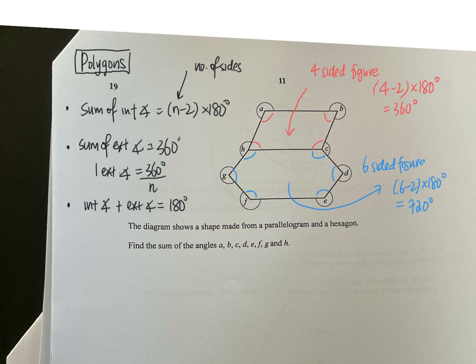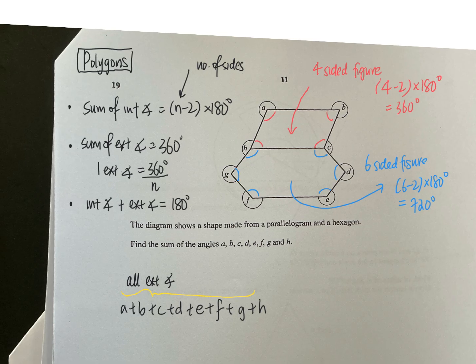So I want you to see that all the exterior angles, which are angles A, B, C, D, E, F, G, H, are my exterior angles. If I add them to all my interior angles, which are the 360 and the 720, can you see that it actually forms 8 big full circles?